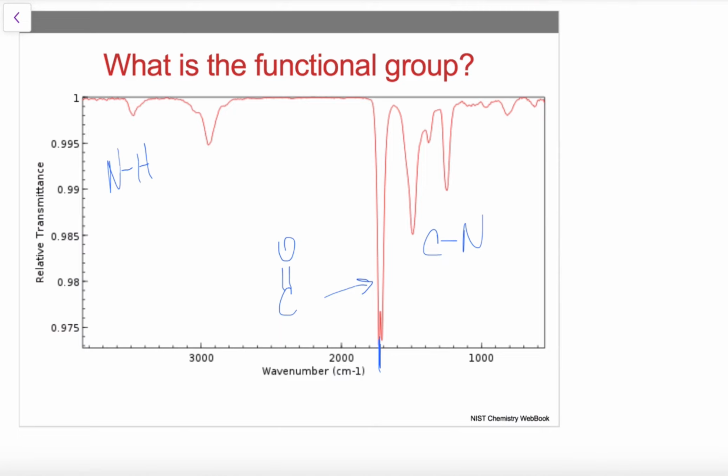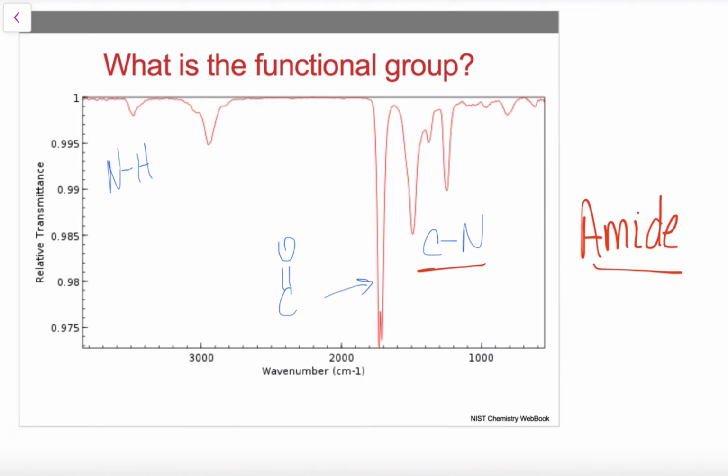And then one more thing that's different about this spectrum is if we look at the carbonyl peak, there are around 2 different little peaks at the carbonyl. That is a characteristic of an amide.